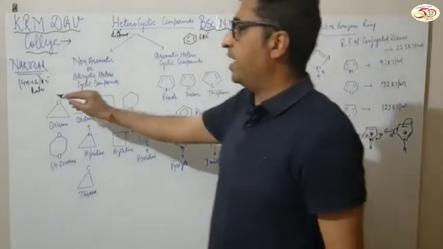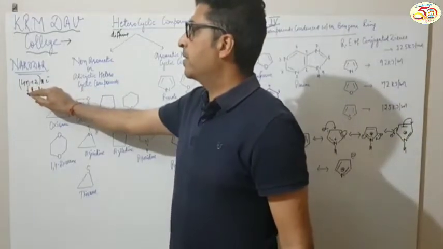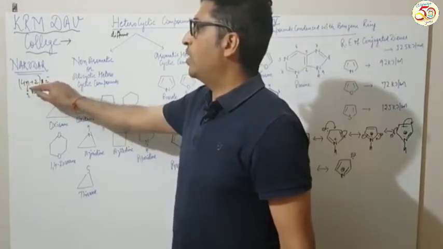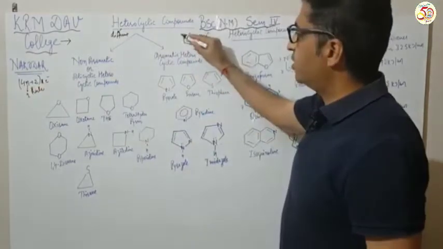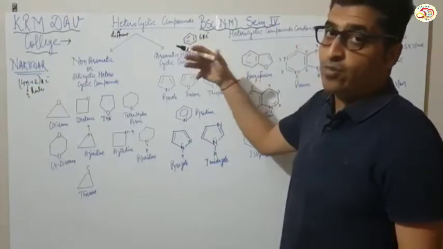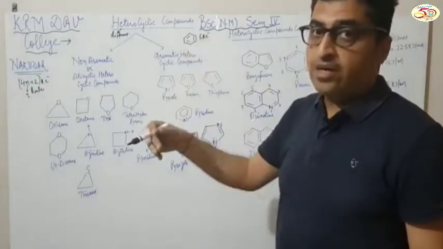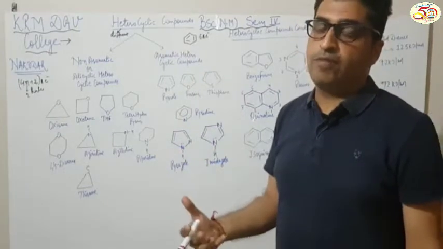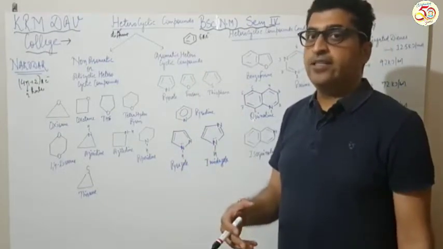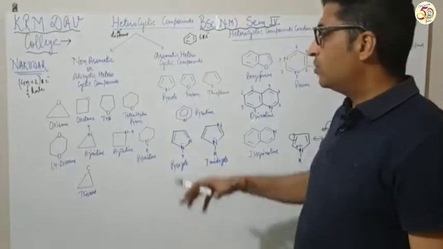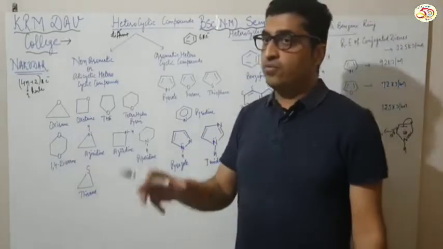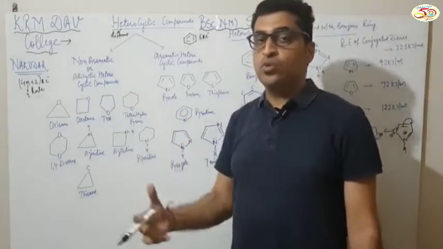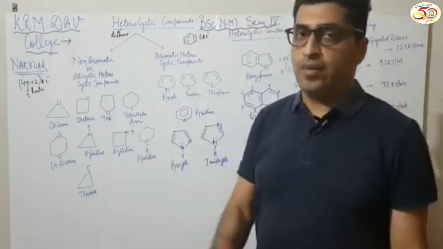If you put n equal to 1, 4 plus 2 comes out to be 6. So benzene is aromatic: it is planar, has complete delocalization of pi electrons, and follows Huckel rule. Those compounds which follow these rules come under aromatic compounds.